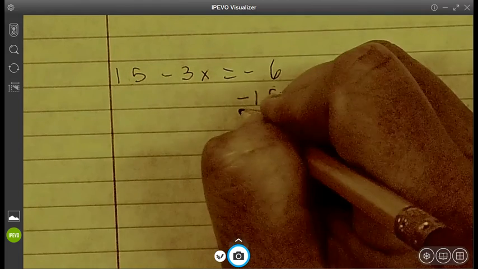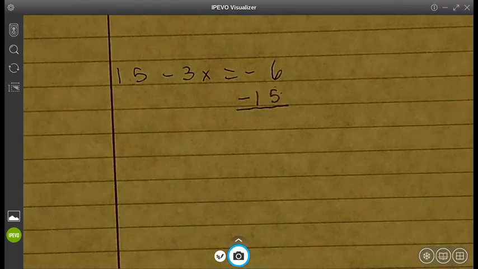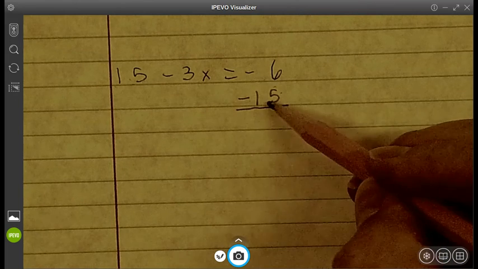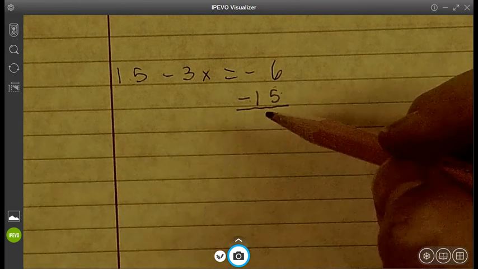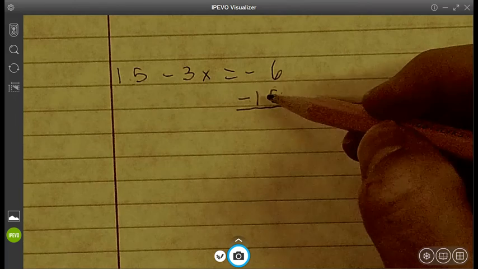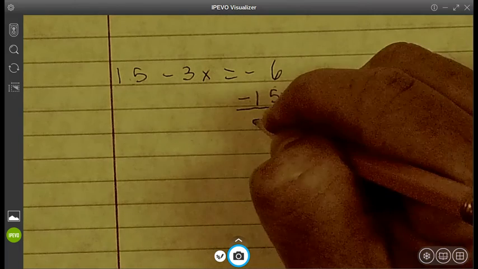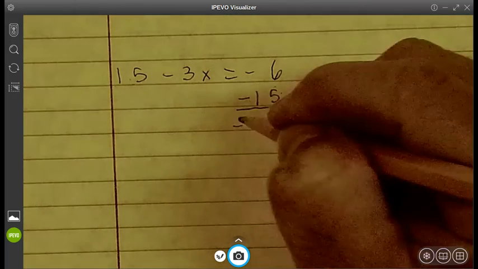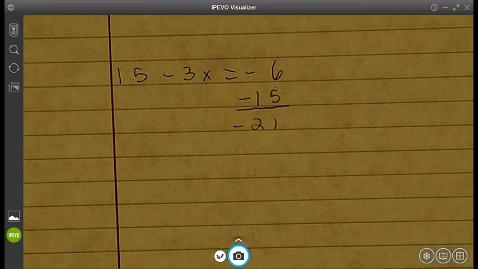But in theory, the way it's written, even though it says it became a negative 15, we're really subtracting 15 from negative 6. So if we go back to our rules of subtracting integers, we got negative 6 minus 15. All right, if they're both negative, we're going to go ahead and add the two numbers and we're going to get 21, but we're going to keep the same sign. Remember the money example.